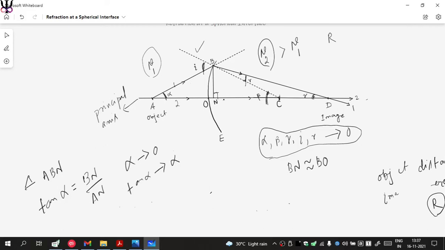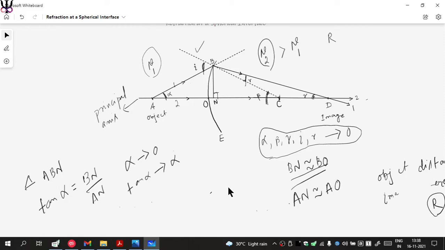And we have also used the approximation that the aperture is very small. That means BN is approximately the same as BO. When B approaches O, N also approaches O, so AN is also approximately the same as AO.